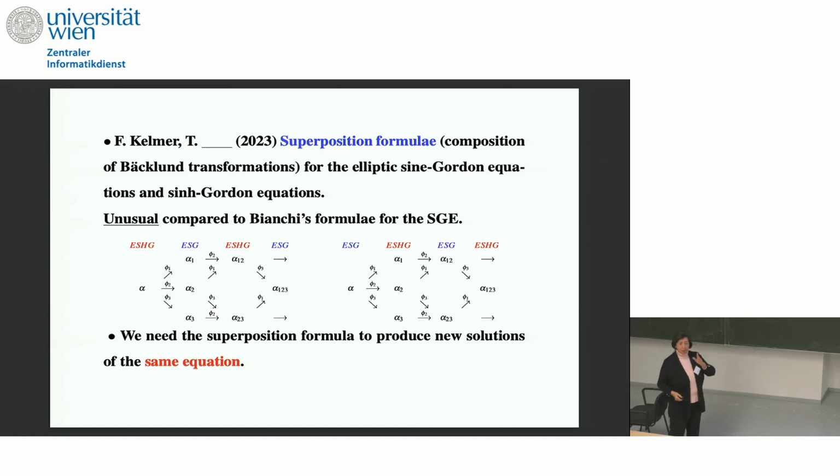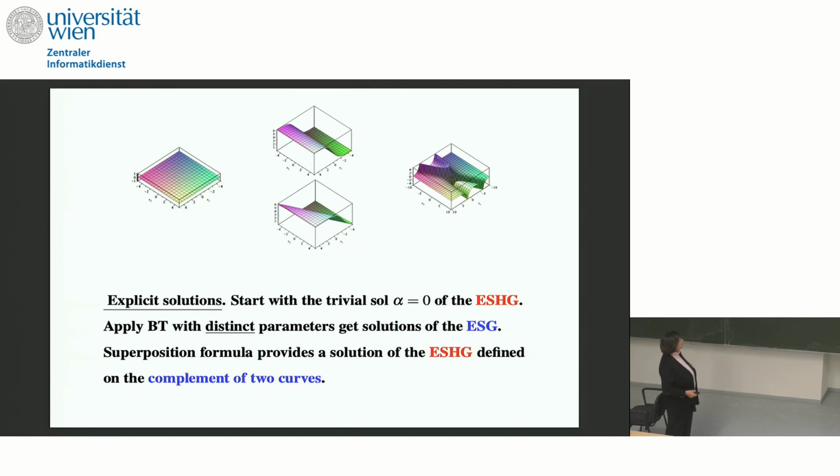But after the first integration step, the rest is algebraic. I should give you some explicit solutions here. You start with a zero solution, which doesn't mean anything, of the elliptic sinh-Gordon, and then you apply two distinct parameters, you obtain solutions of the elliptic sine-Gordon, and then the superposition again gives you a solution of the elliptic sinh-Gordon, and this is defined on the complement of two curves.